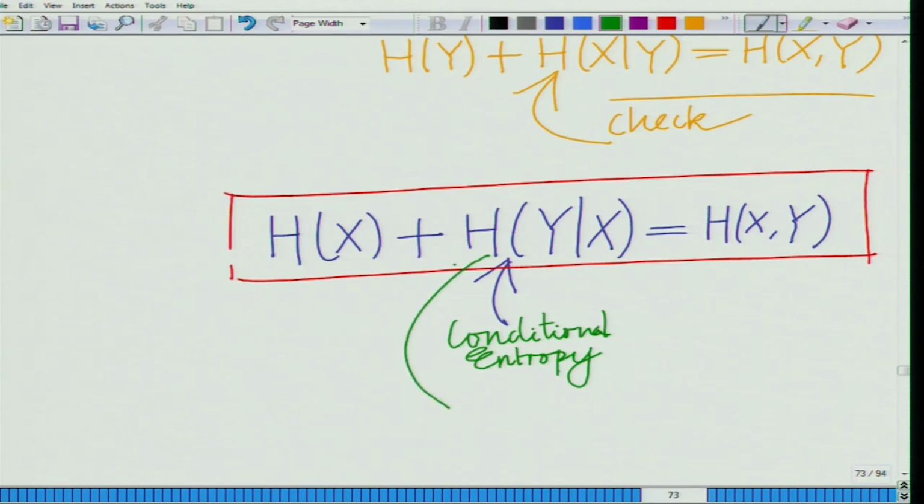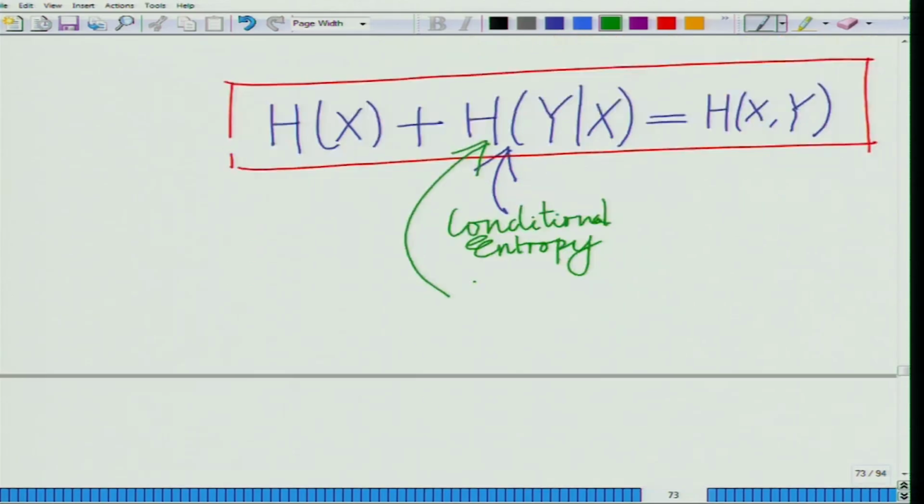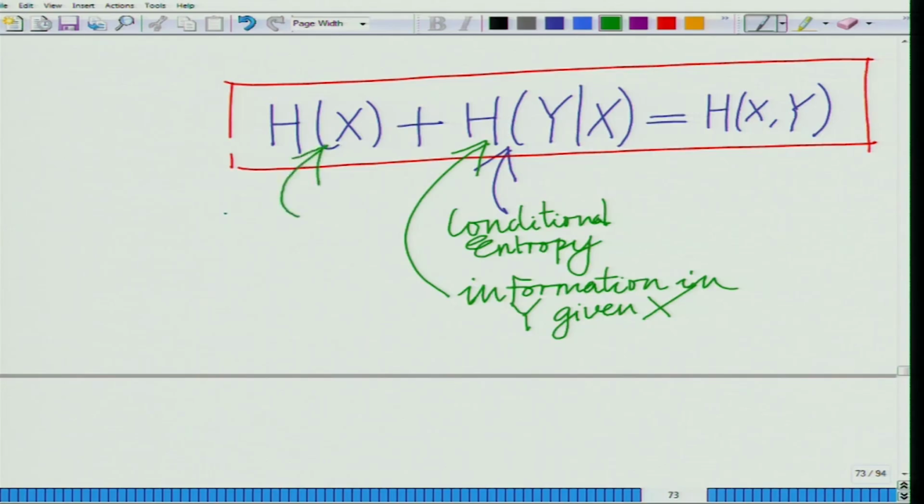Or information in y, uncertainty in y given x. This is the information in x.